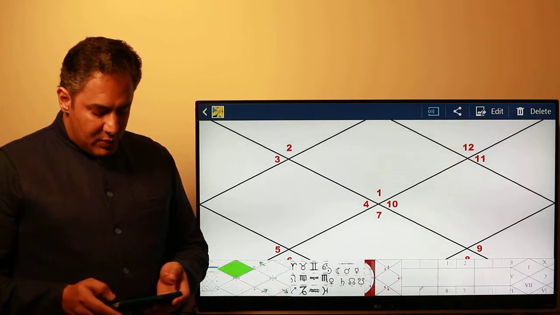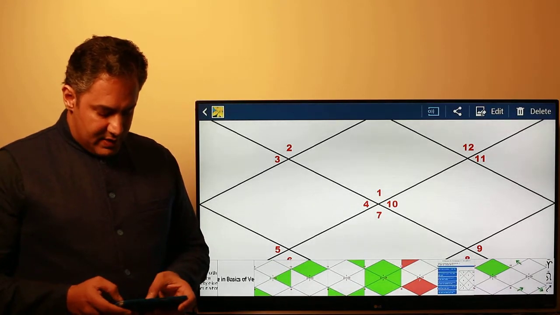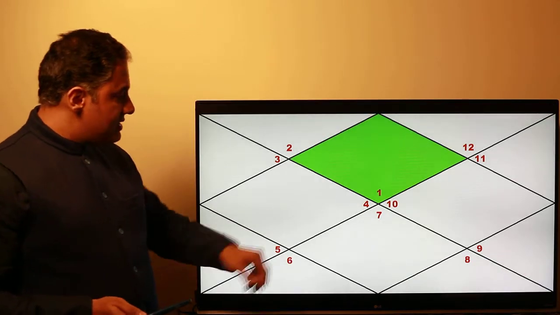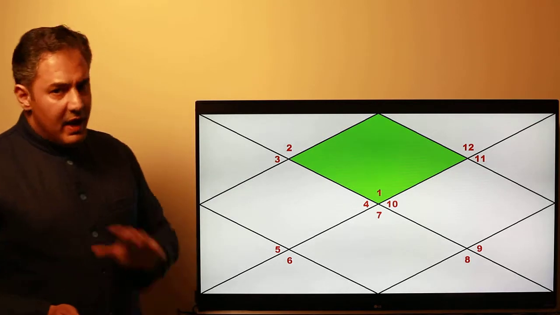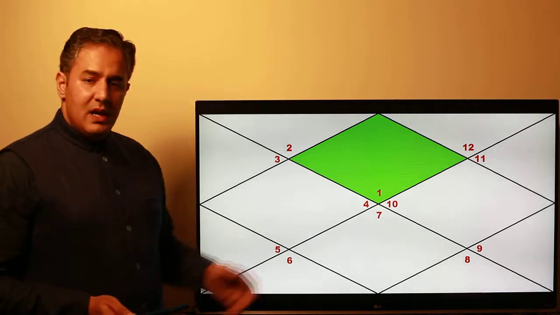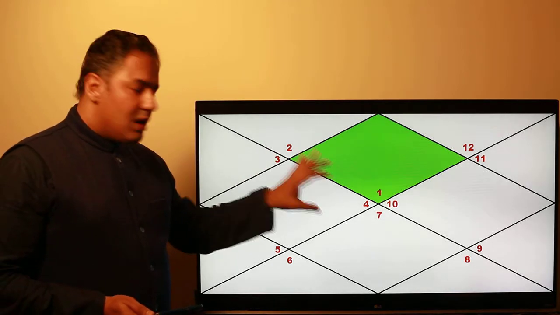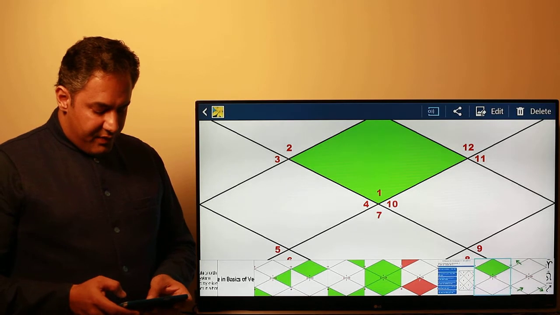Okay, now coming down to the classification of houses. See, this is always and always your ascendant. This is the first house of the horoscope. In every horoscope, this is the first house, and this is where we start looking at the horoscope from. Now there is a category of houses.